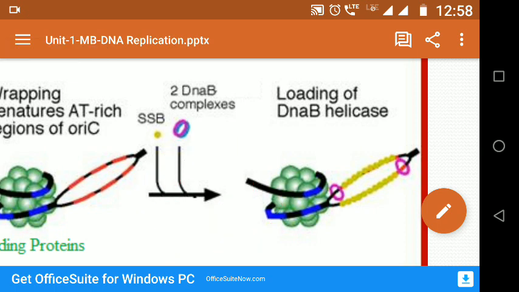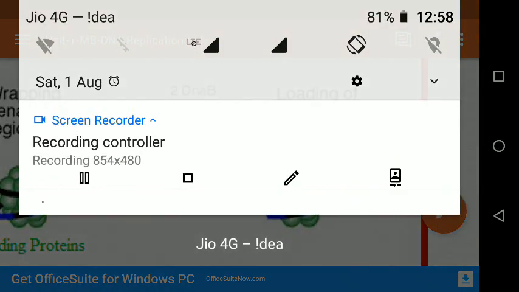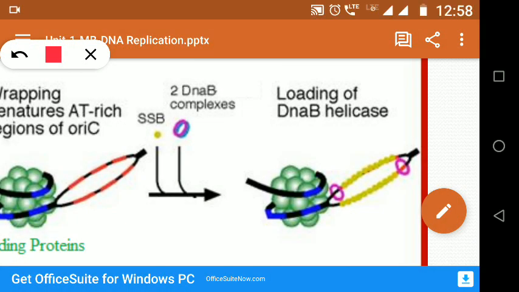Okay, so now here you can see these yellow color proteins. These yellow color proteins are nothing but single stranded binding proteins. So these single stranded binding proteins will bind to the separated single strands in order to prevent reassociation. If there are no single stranded binding proteins here, then what happens?